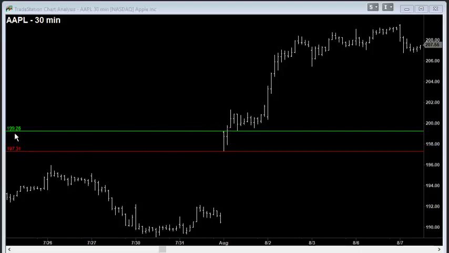So you would be purchasing 1 penny over the green line with a stop a penny under the red line. Very simple. What you're looking for is for it to break that opening range, that early morning range, and continue and follow through.